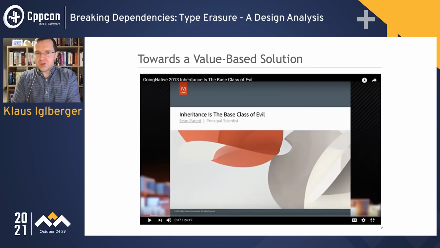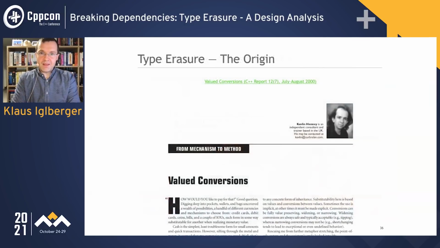Because that is such an early talk, because it may be the first one, many people attribute type erasure to Sean, or at least the group at Adobe. But actually, no, there is something much, much earlier. The earliest mentioning of that technique, not under that name, but definitely exactly that implementation, is from a paper from 2000.